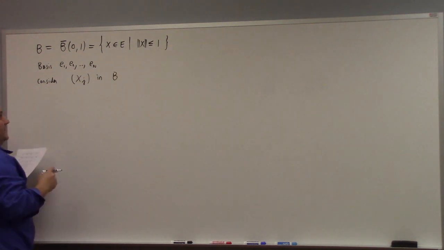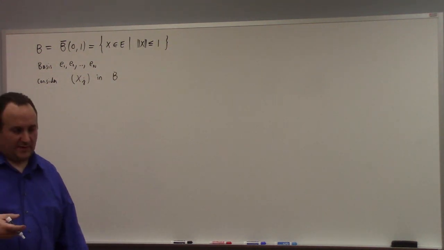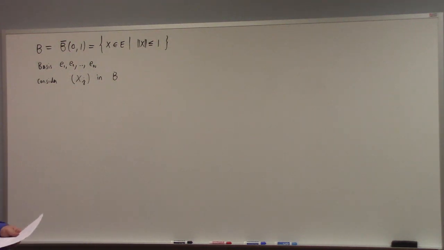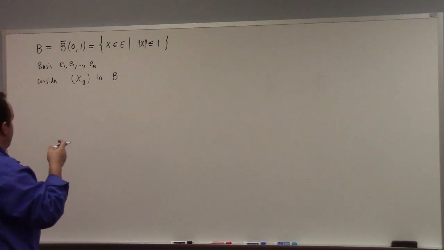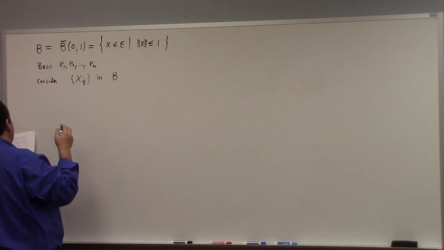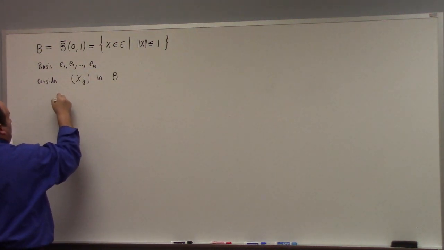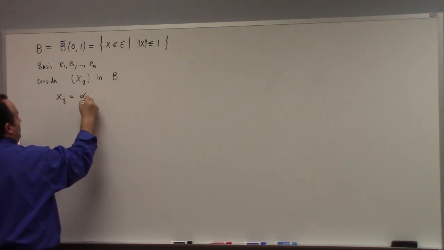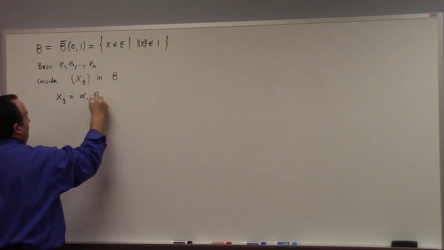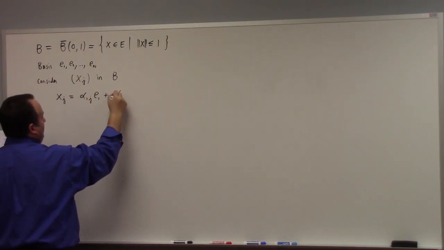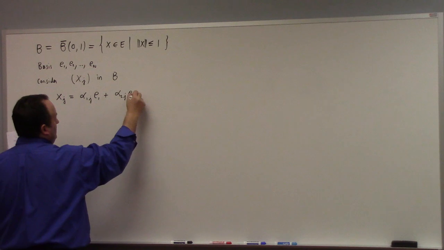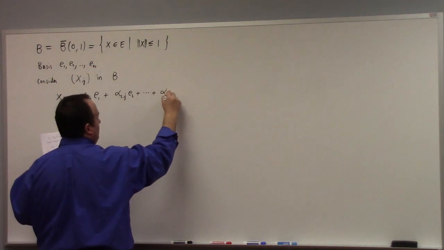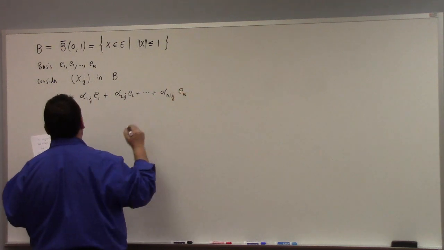To prove that the unit ball is compact, we have to prove that there exists a convergent subsequence. Let me introduce some notation: x sub j is equal to alpha 1j E1 plus alpha 2j E2 plus ... plus alpha nj En.